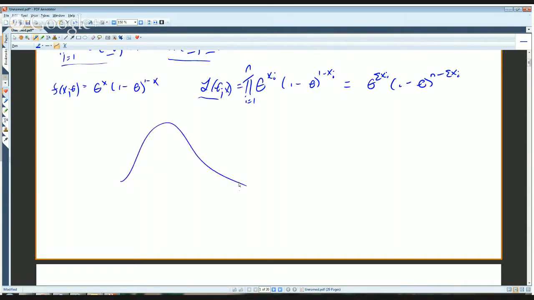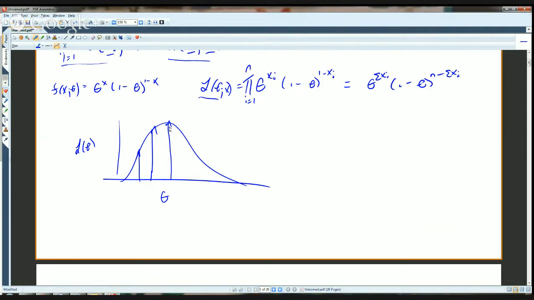So if we were to plot the likelihood, we would have theta on the axis and L of theta on the vertical axis, and higher values would represent better supported values of theta given the data. The point where this reaches its maximum is obviously special: it is the best supported point given the data and the model.